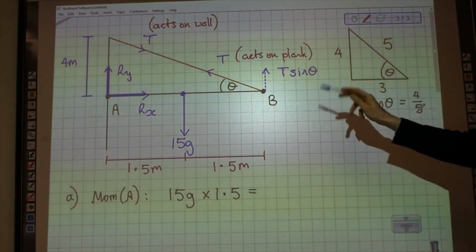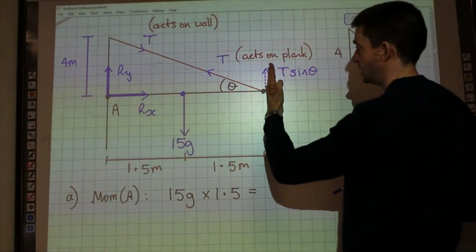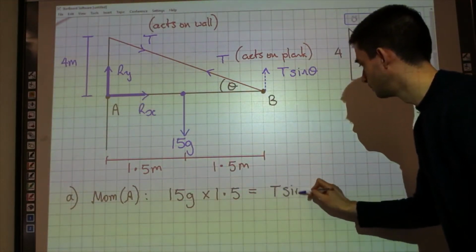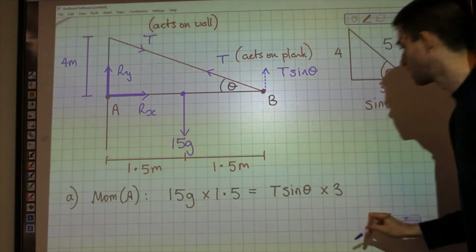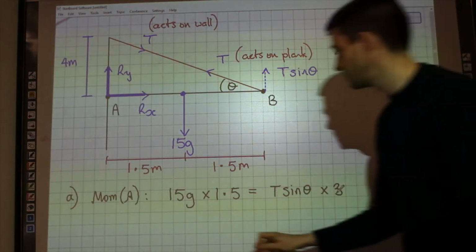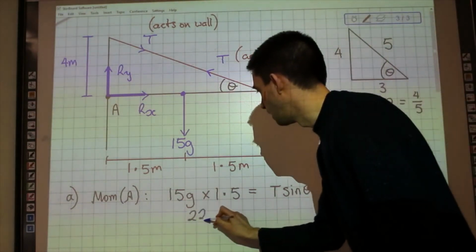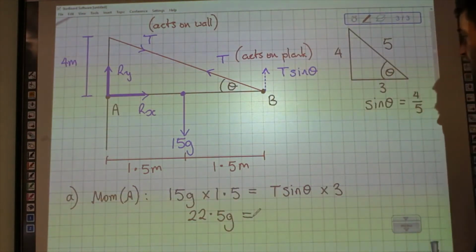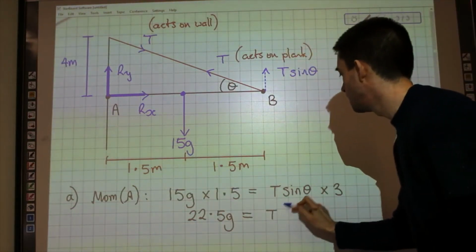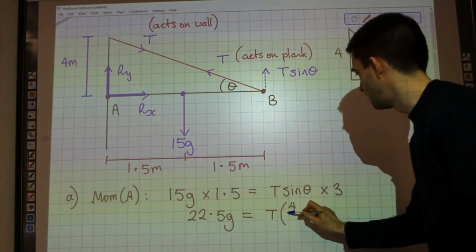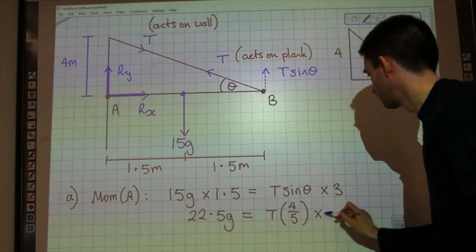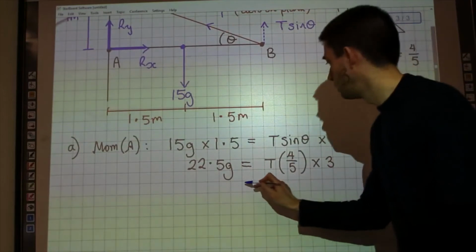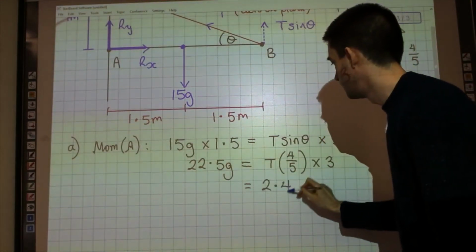So when I now say with my moments equation that T sine theta times 3 is the anti-clockwise moment, I now know that sine theta is 4/5, so I've got 22.5 G, that's multiplying 15 by 1.5, is equal to T, sine theta is 4/5 times 3, so 4/5 times 3, I've got 2.4 T.